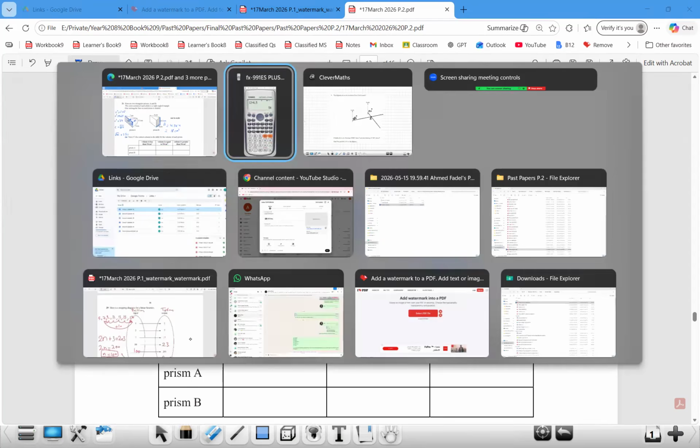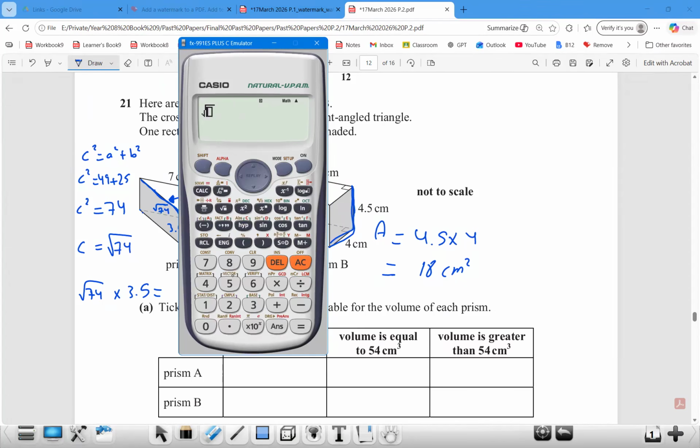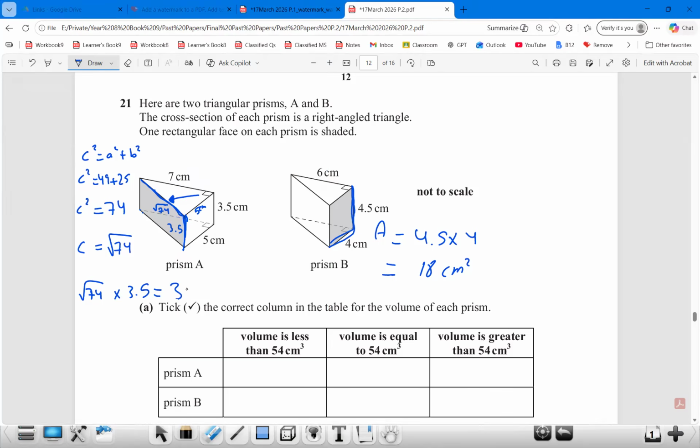Let me get the calculator. Square root of 74 multiplied by 3.5 equals 30.1. So it is 30.1. You should show all this working down there.